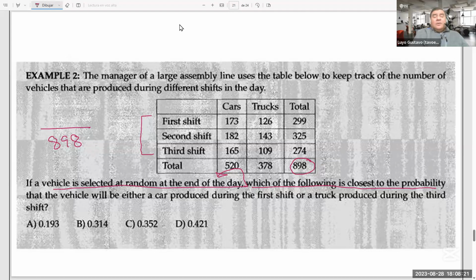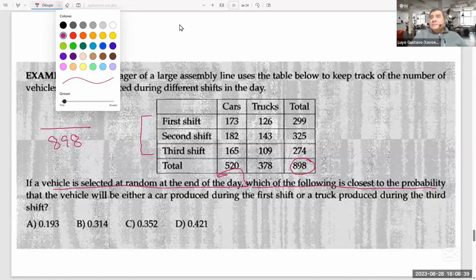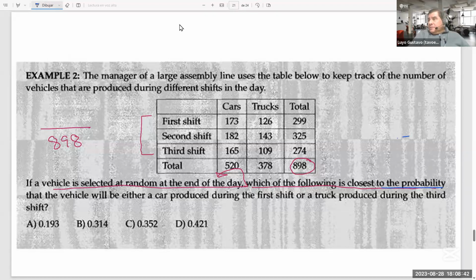Now, what is our target group? That is to say, what are the types of elements that we're actually interested in getting picked? Here it says, after the what is the probability phrase, that the vehicle will be either a car in the first shift or a truck in the third shift. Since they tell you either or, it means an addition of two groups.